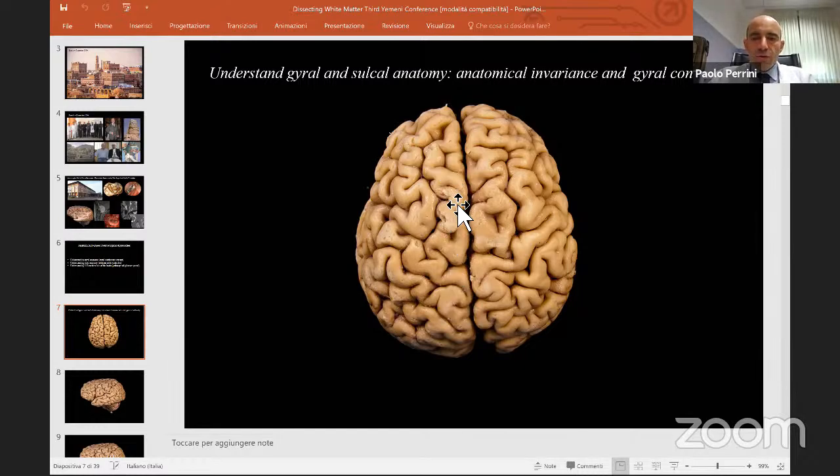This continuity can be observed in all specimens, and this aspect represents the invariance of the brain. So we can find in all brains some constant structures that are always present.